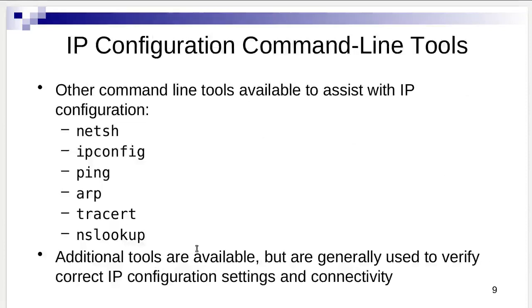There are other IP configuration command line tools. If you open up a command prompt, for some of these commands to change things, you might actually have to open it up and run it as an administrator.